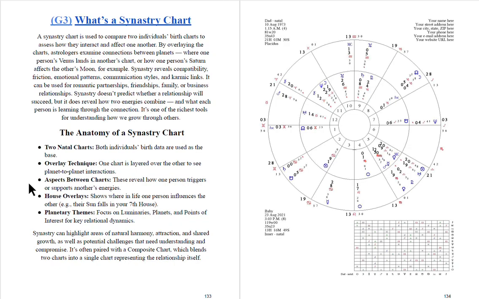And that brings us to the next part, aspects between charts. These reveal how one person triggers or supports another's energy. So take, for example, in this chart where you have a 0-degree Cancer here, sextile the 1-degree Virgo Sun.